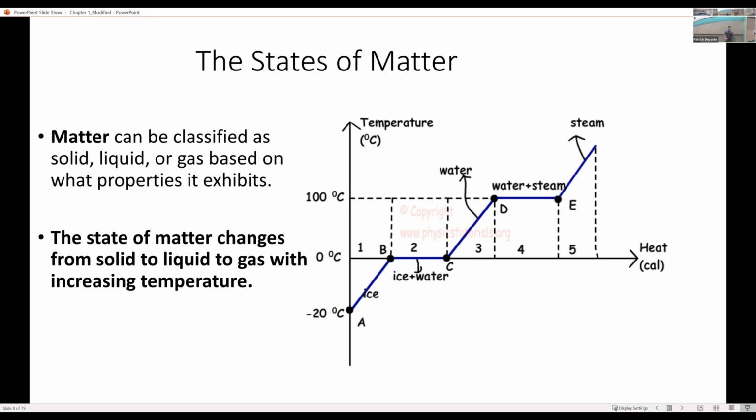Because think about it, what's happening when we're melting and when we're boiling? We are not changing the chemical substance. You can't boil a log, it's going to burn. That's a different process, a chemical process. Melting, freezing and boiling are physical processes, meaning the substance stays the same throughout the entire process.